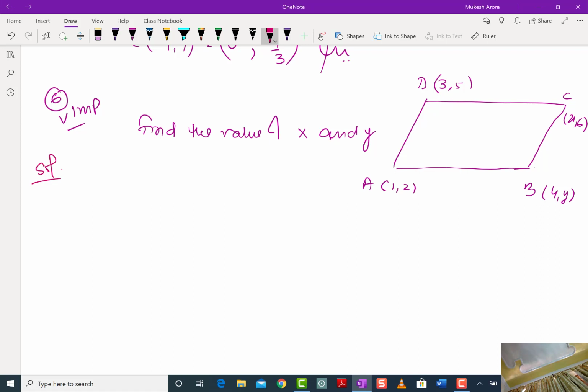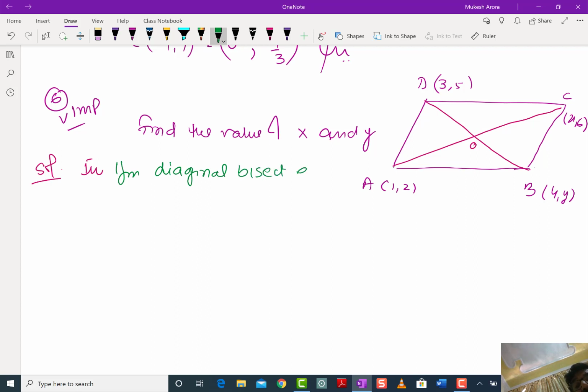So you have to think. This is a parallelogram. What happened in a parallelogram? In a parallelogram, the diagonals bisect each other.